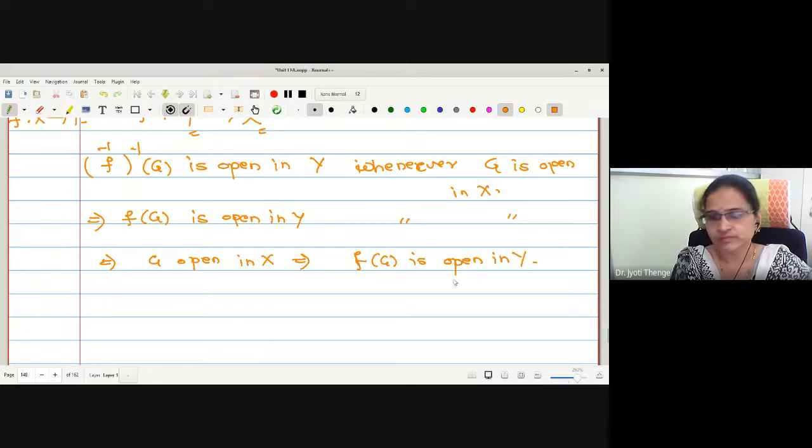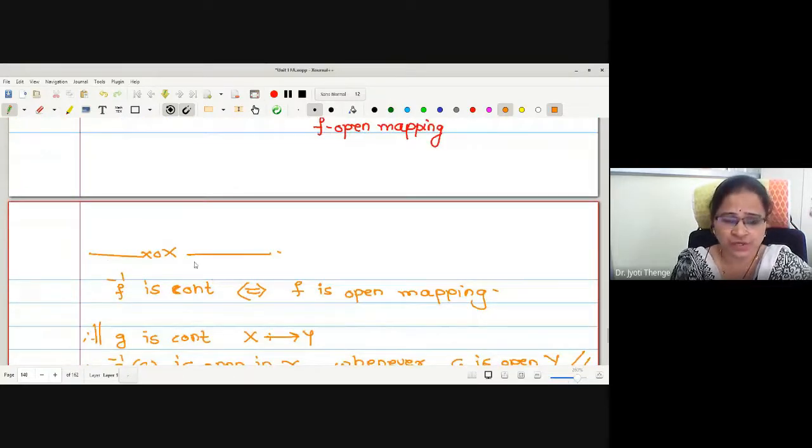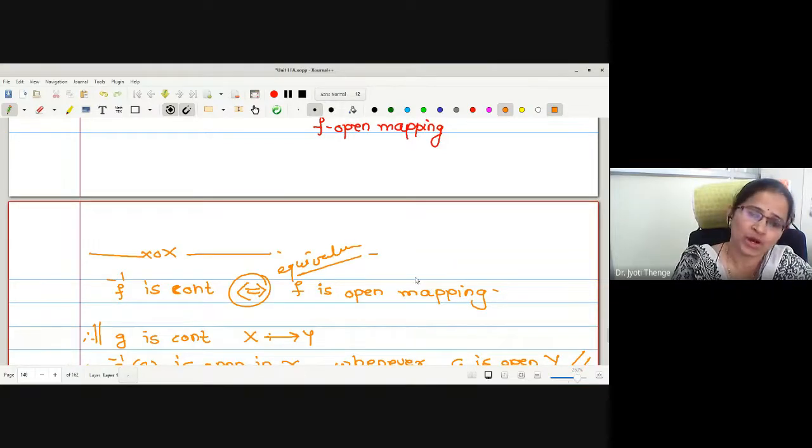Correct? Therefore, may I say F is an open mapping? Correct? Therefore, the condition F inverse is continuous is equivalent to saying F is an open mapping.